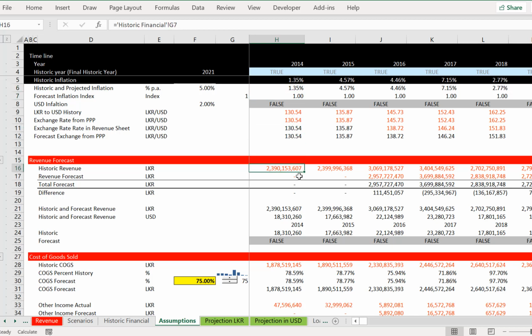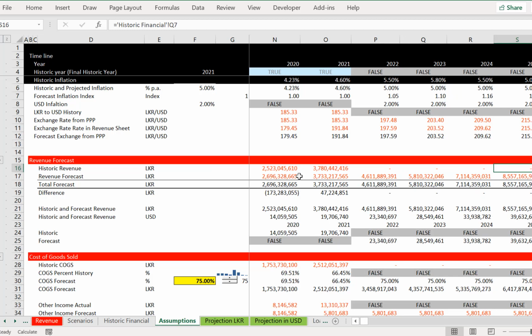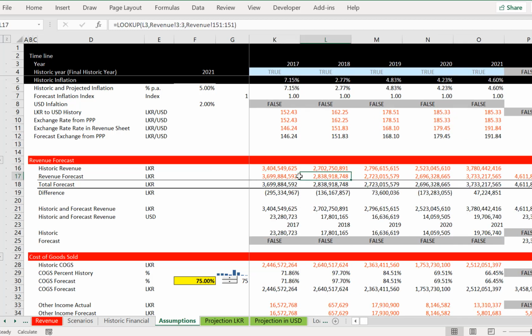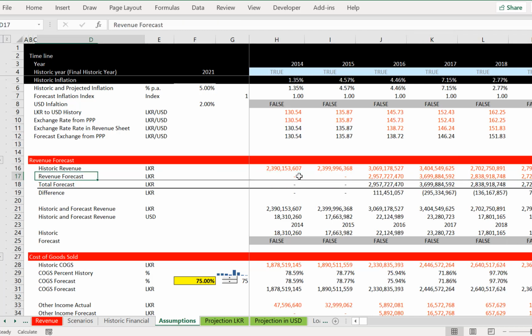Now, for example, I put the historic revenues here, and then we can present the historic revenues right next to the forecast revenues, and you can see, well, what happens. Is there a big jump in the revenues?